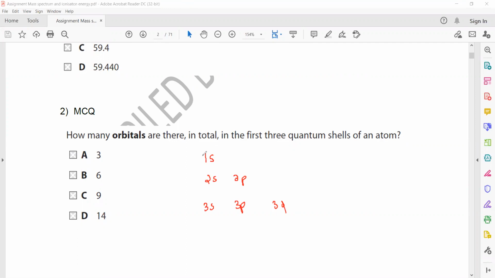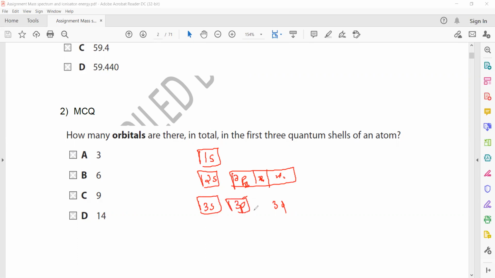So 1s has 1, 2s has 1, and 2p is actually divided into 3: 2px, 2py, 2pz. Then 3s is there.